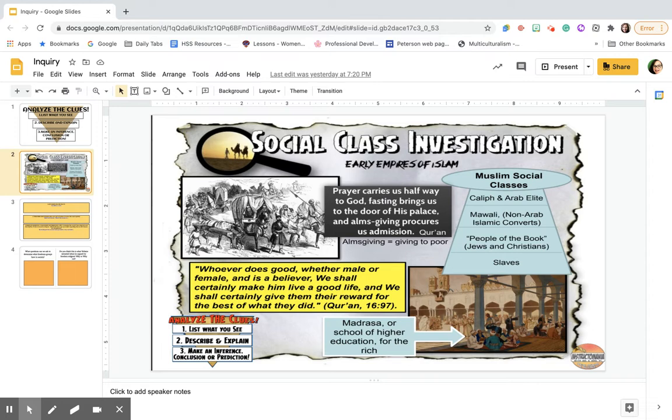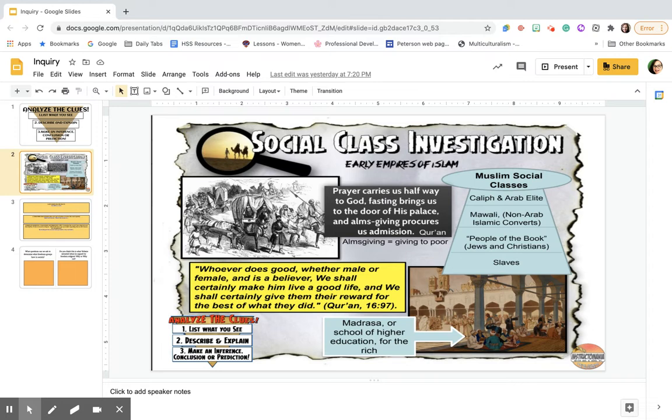Below that, there are people of the book. Remember, the Muslims believed that Jews and Christians were people of the book, and so you can see that they're another tier below. And then we see the enslaved at the bottom of the pyramid.